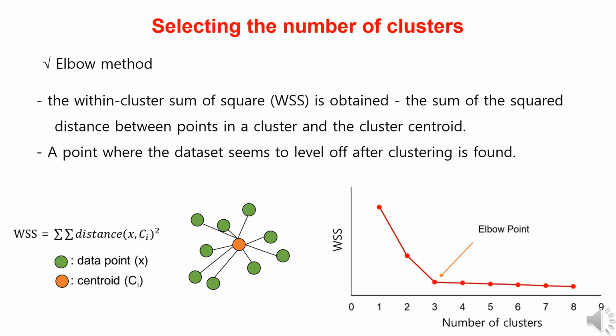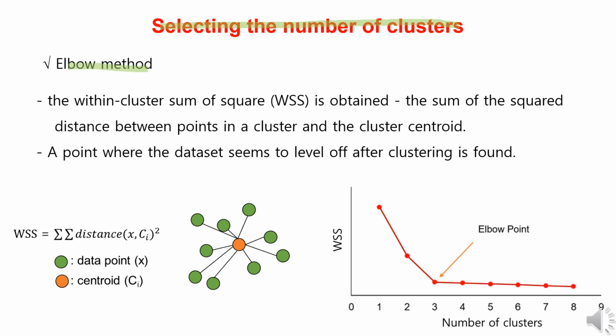In k-means clustering, we mentioned that we predefine the number of clusters, denoted as k. Now, let's explore how to determine an appropriate value for k. Firstly, one method to find an appropriate k is by using the elbow point.